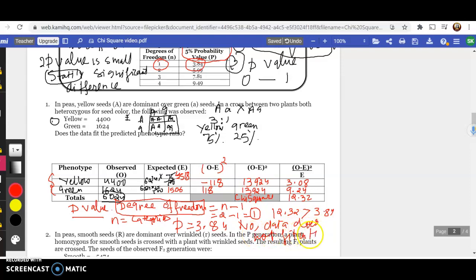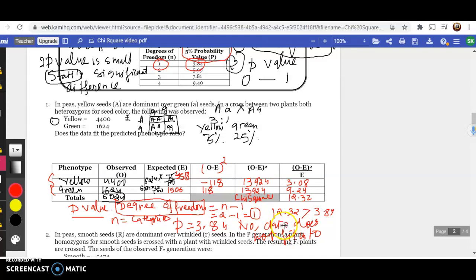That means there is a statistically significant difference. There must be random variation, or there are experimental errors. So we are going to say that the data does not fit in the predicted phenotype.